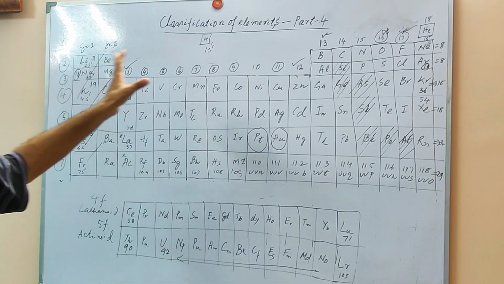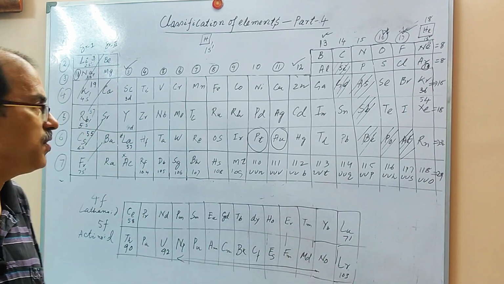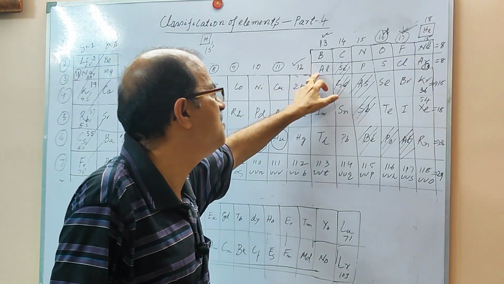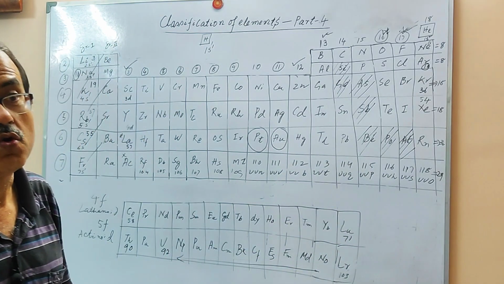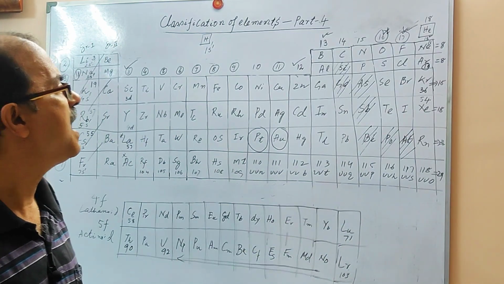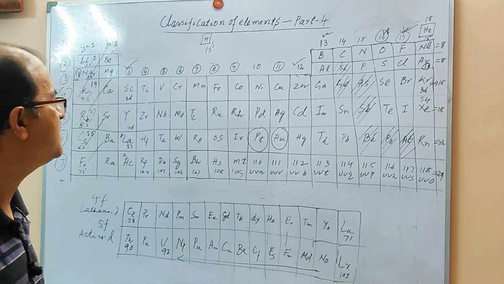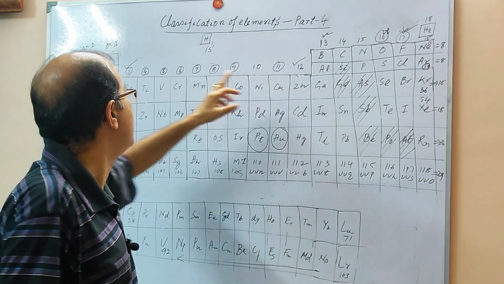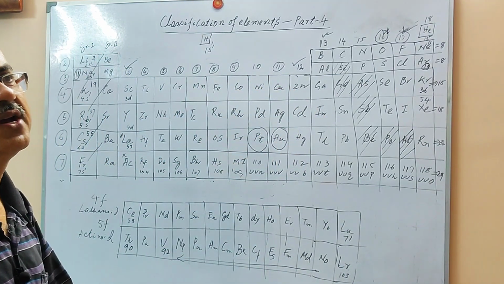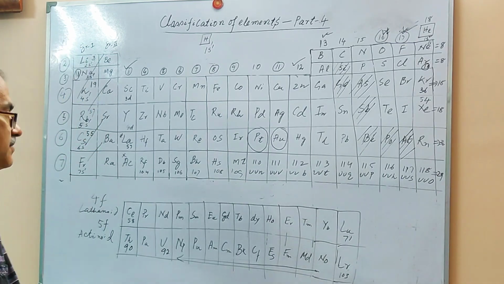Here you can see all these elements, and they are further classified into several types. Group number 1, group number 2, and group numbers 13 to 17 are called the normal or representative elements. Group number 18 is the noble gas elements, and groups 3 to 12 are called the transition elements, and there are 4 series: 3d, 4d, 5d, and 6d.